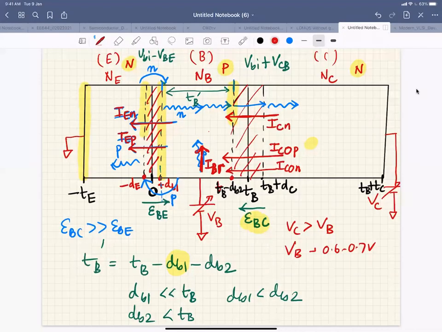But this ICN is because electrons are injected from the emitter to the base and they diffuse in the base. They reach the base collector junction. The moment they reach it, because I have a high electric field, they are just pulled. So this ICN is not from minority carriers present there. You could think of these electrons as injected from the emitter; they were not present in the base earlier, right?